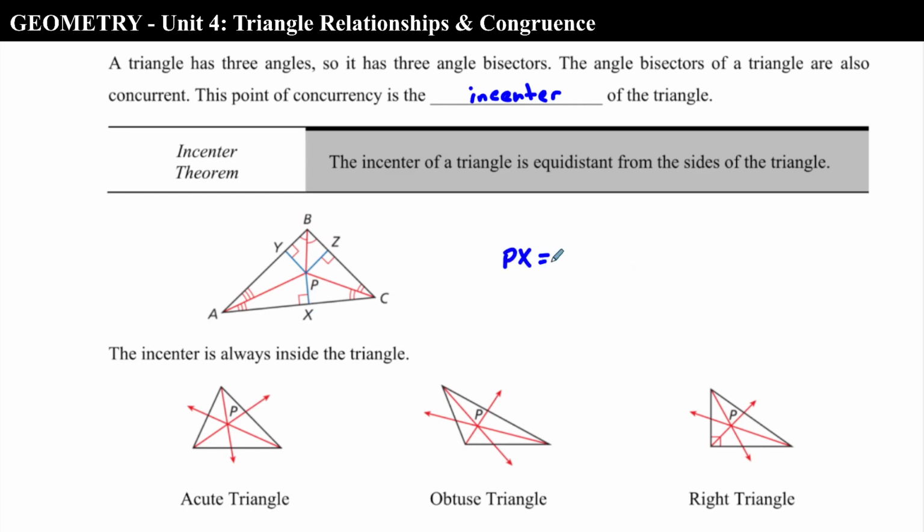So here, PX equals PY, which is equal to PZ. Now the incenter is always going to be inside the triangle, whether it's acute, obtuse, or right, because we are bisecting angles this time around.